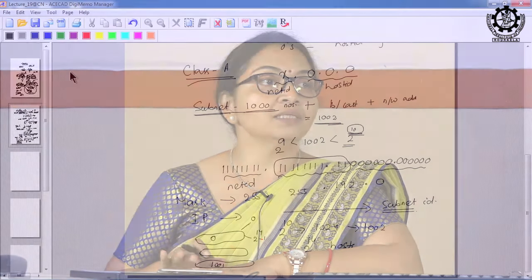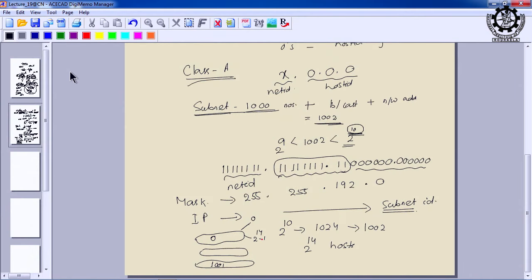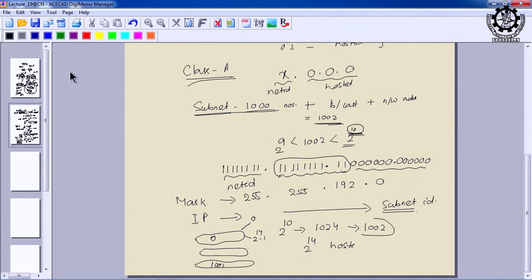Till this it makes sense, clear to everyone? This is how your configuration is done or your subnet mask is decided for any network having a specific classification. So, you are going to frame 1002 number of subnets and each subnet will have 2 to the power 14 number of hosts inside it.